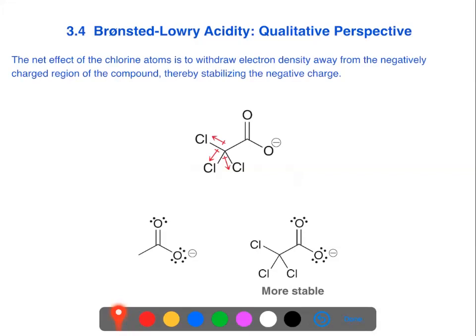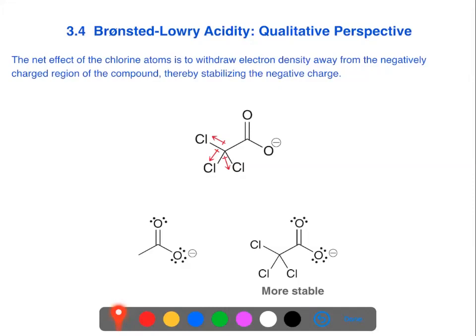And so the net effect of the chlorine atoms in trichloroacetate is to withdraw electron density away from the negatively charged region of the compound, that is, where that negative charge on the oxygen center is lying. And so this ability to withdraw electron density away from the delocalized electron density in this part of the molecule is going to provide an additional stabilizing effect.